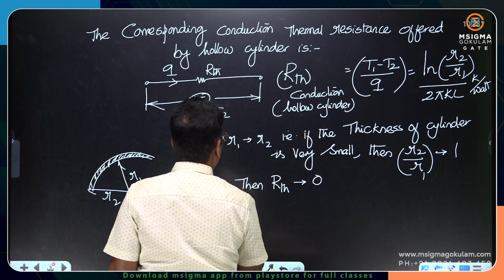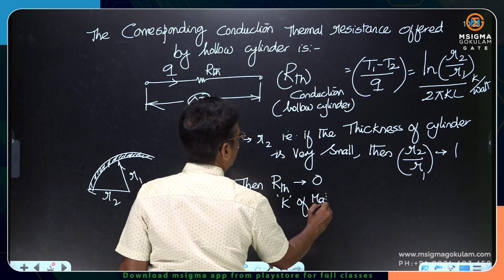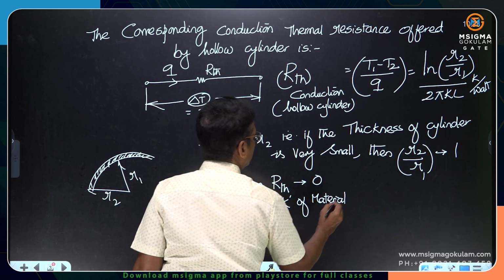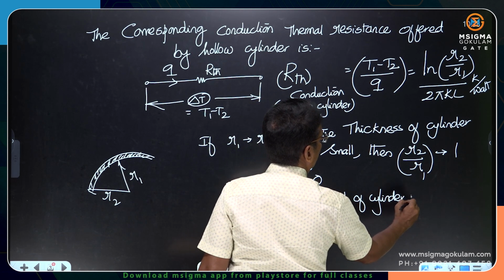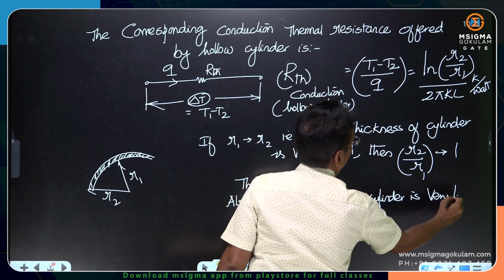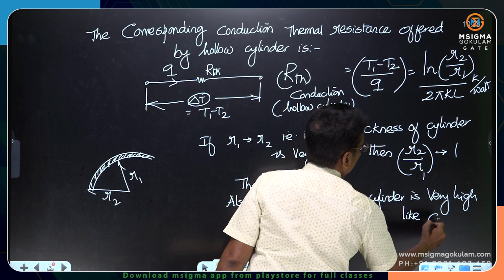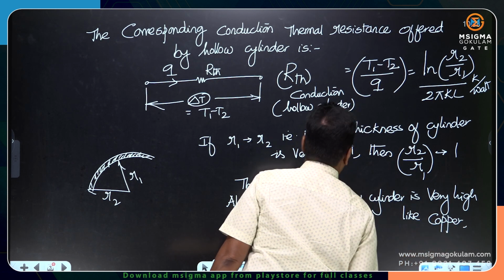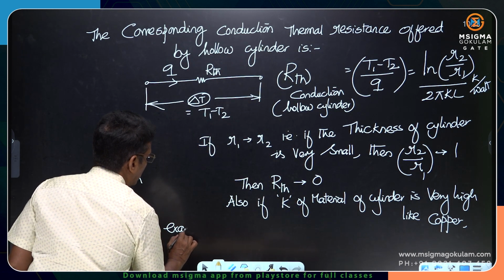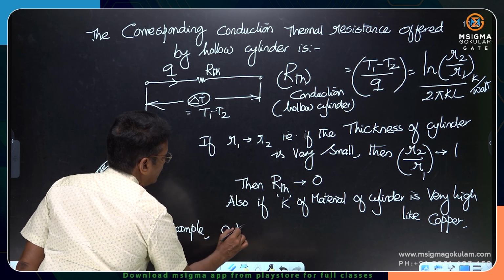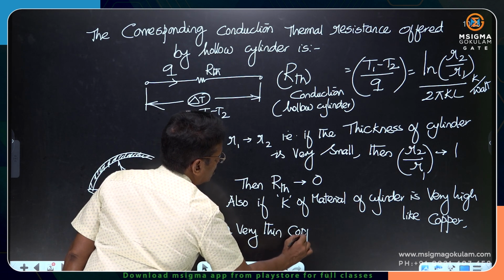Also, if the conductivity of the material of the cylinder is very high, like a copper cylinder, a thin copper cylinder, for example, a very thin copper cylinder offers 0 conduction resistance.